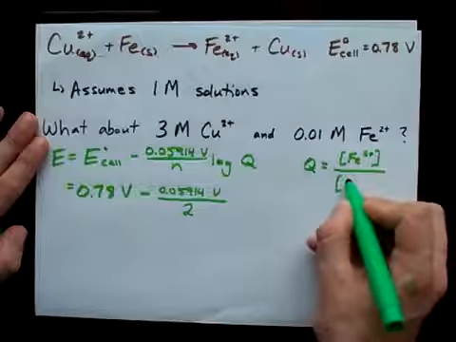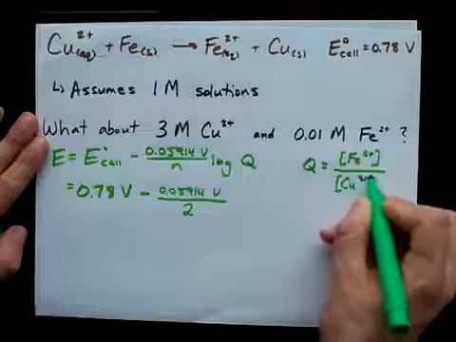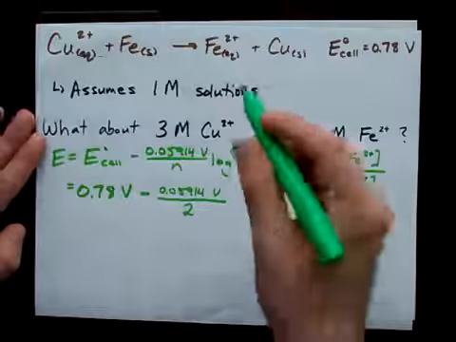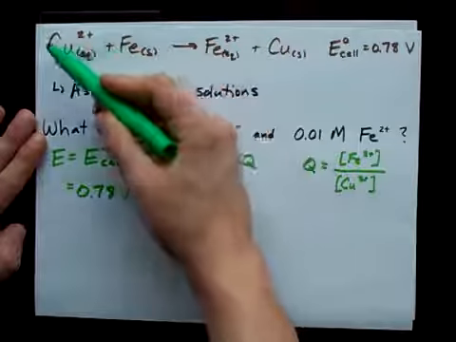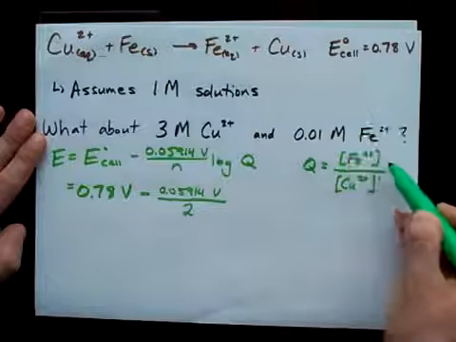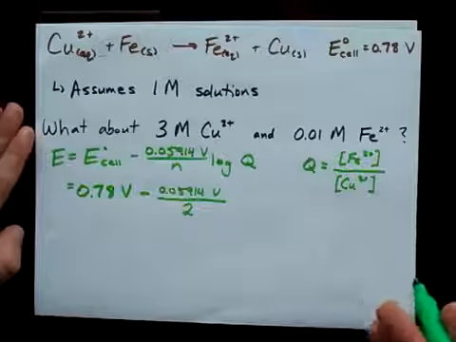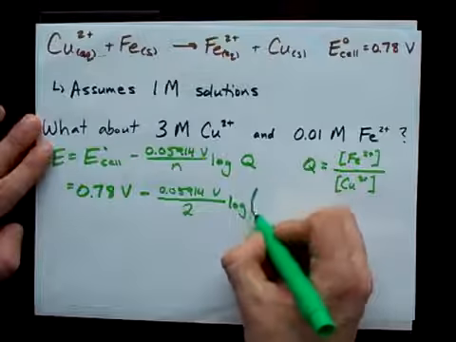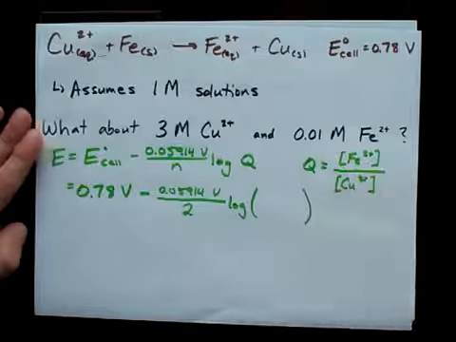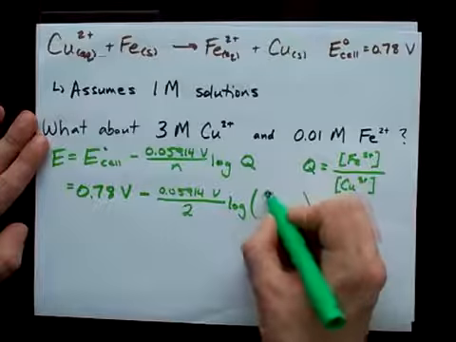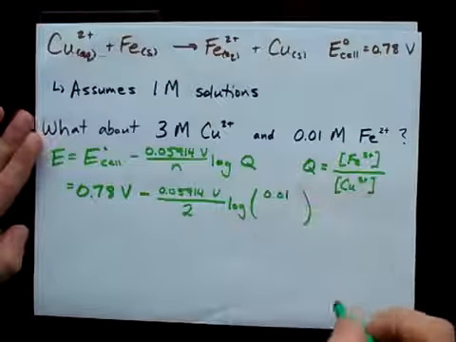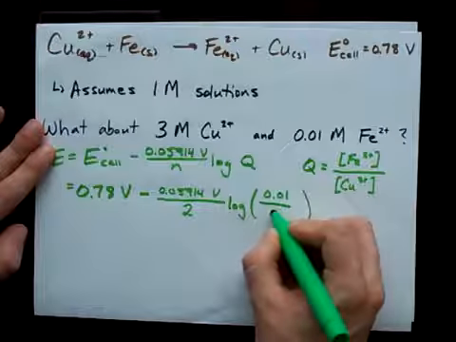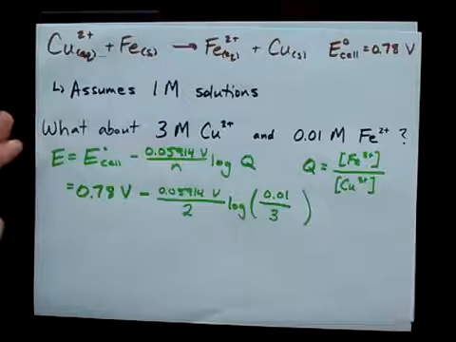And on the bottom, my reactant is Cu2 plus. I wouldn't include my iron solid. If there were numbers in front of here, I'd have to include them as exponents, but there aren't, so I won't. So what I end up with is the log of my iron concentration, 0.01 moles per liter, and my copper concentration on the bottom, that's 3 moles per liter.